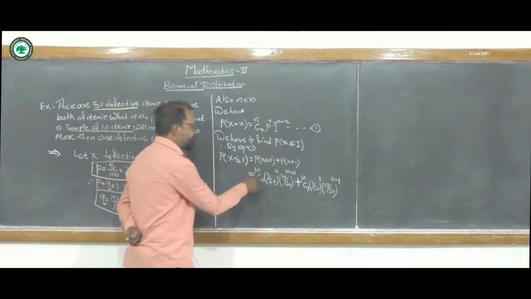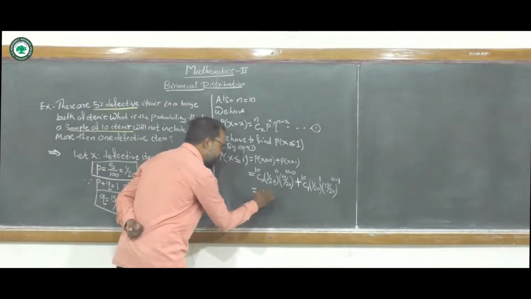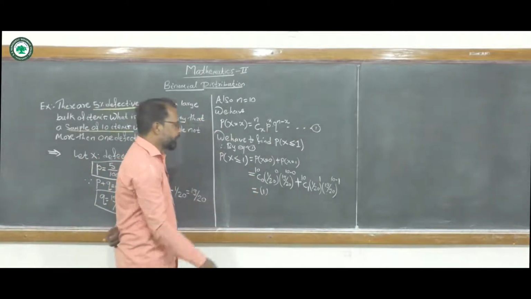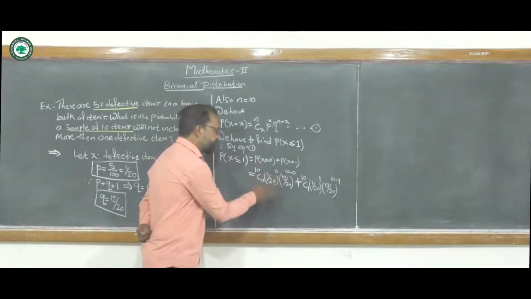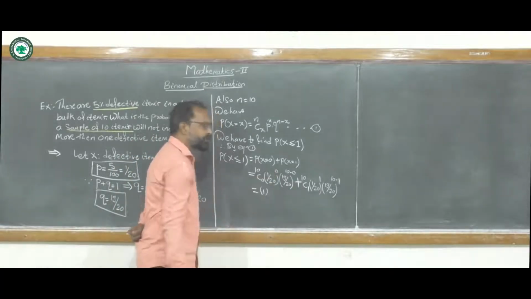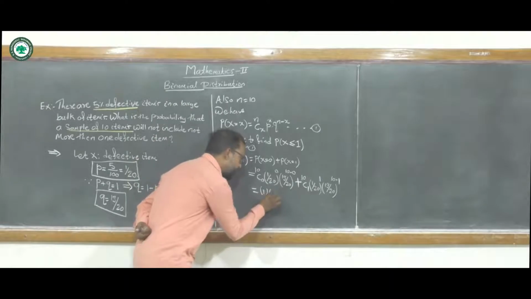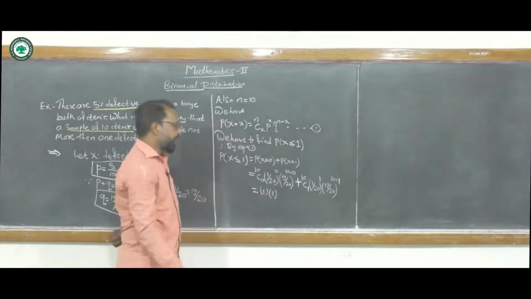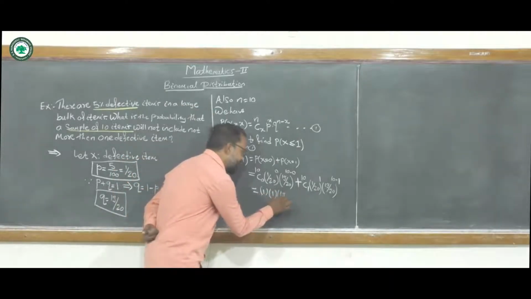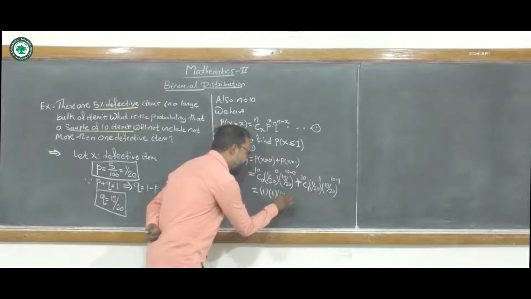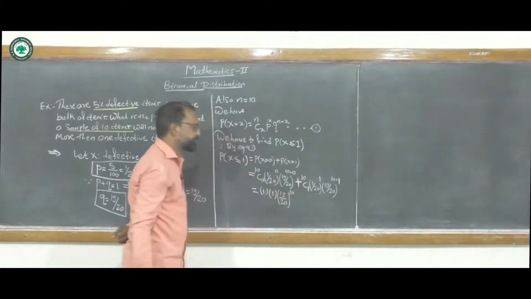Now we know that 10C0 means 1, and 1 upon 20 raised to 0 is always 1, so this term becomes 19 upon 20 raised to 10.